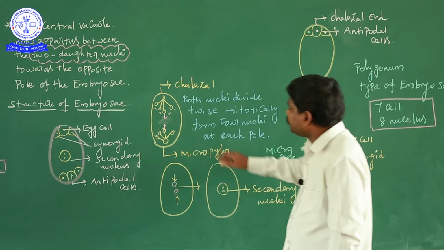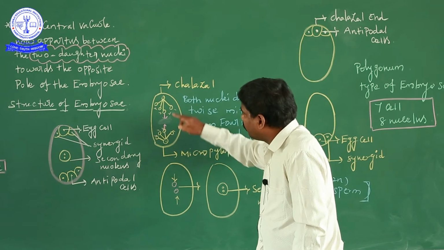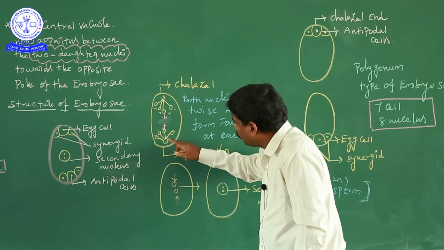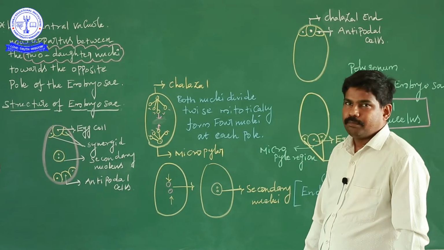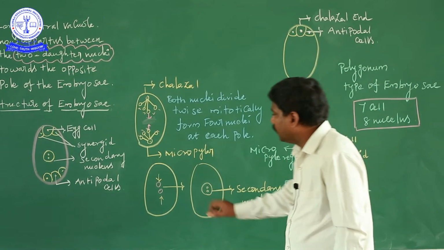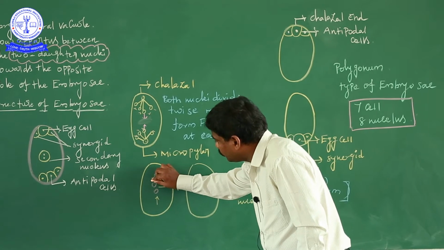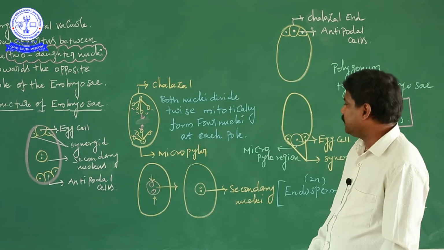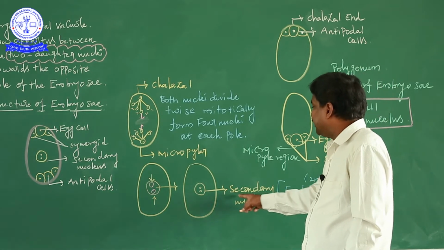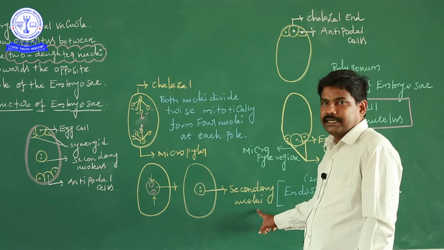Then one nucleus from each pole is pushed to the center part. These 2 nuclei come to the central part to form the secondary nucleus.